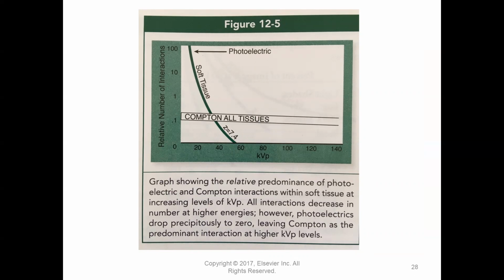Notice that that photoelectric curve drops off near 60 kVp. Compton, though, for all tissue, not just bone, and soft tissue as well, is in this range here. So at any energy level, you're going to have a fair amount of scatter.